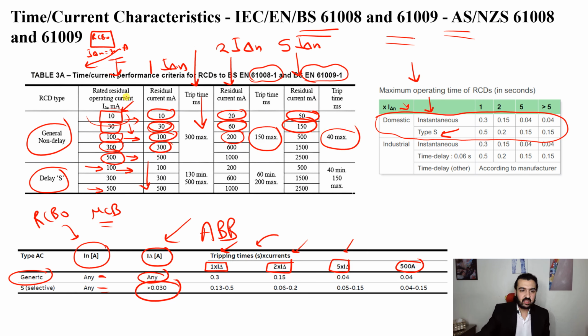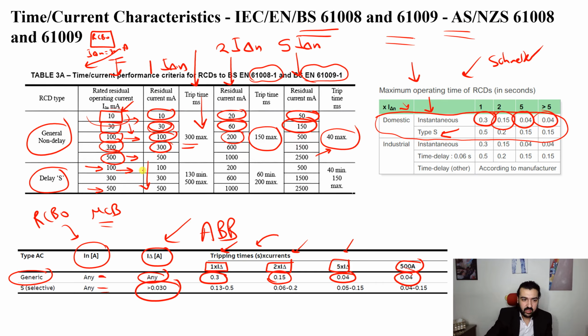Now you can see that at one times the value, the maximum is 300 milliseconds, which is translated here to 0.3 second. This is from Schneider and this is from ABB. At double the value, 150 milliseconds max, 0.15 second. At 5 times or higher, 40 milliseconds, 0.04.